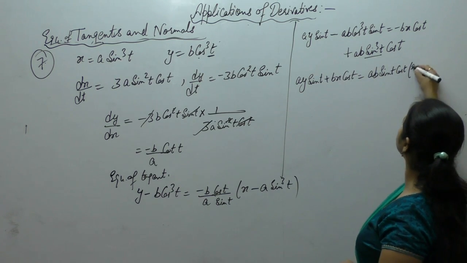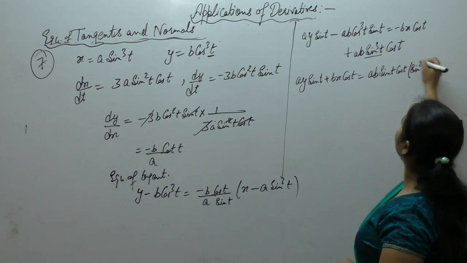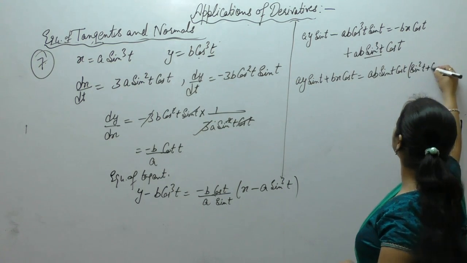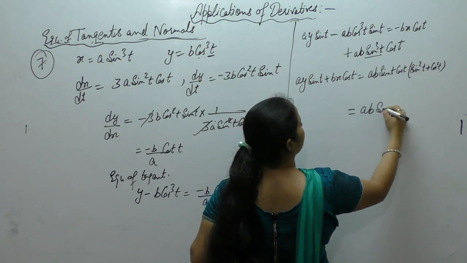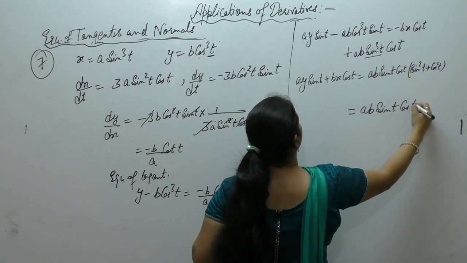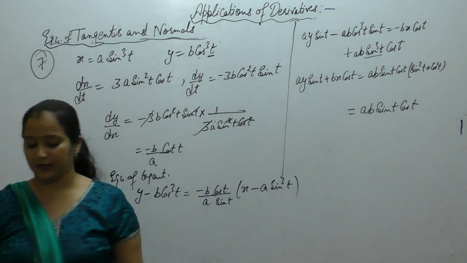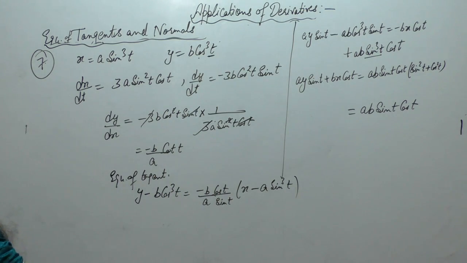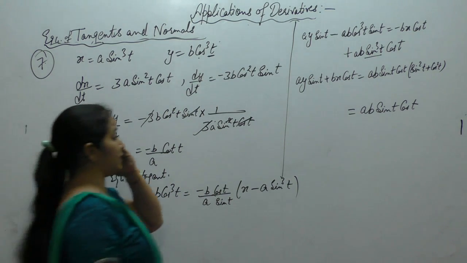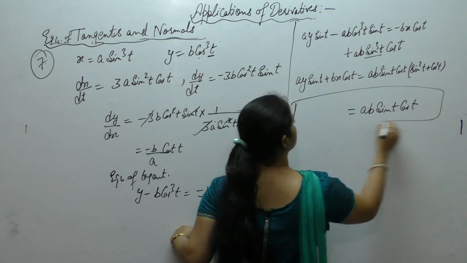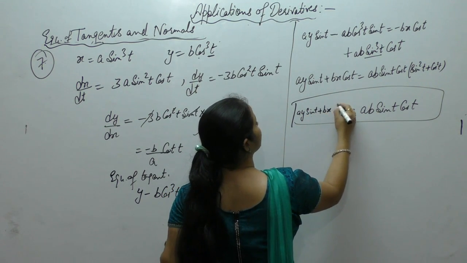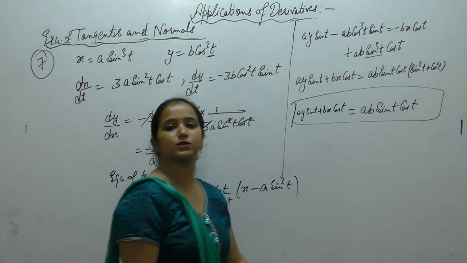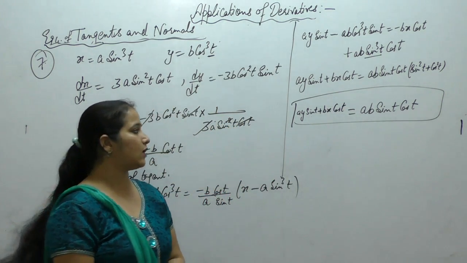Here we are left with sin square T and here cos square T. Sin square plus cos square is equal to 1. So AB sin T cos T. So this is the equation of the tangent. Ay sin T plus bx cos T is equal to ab sin T cos T.